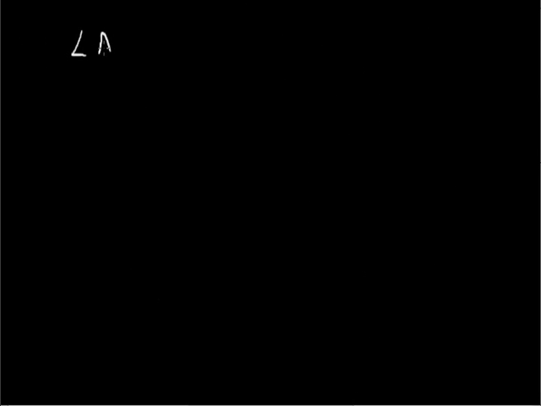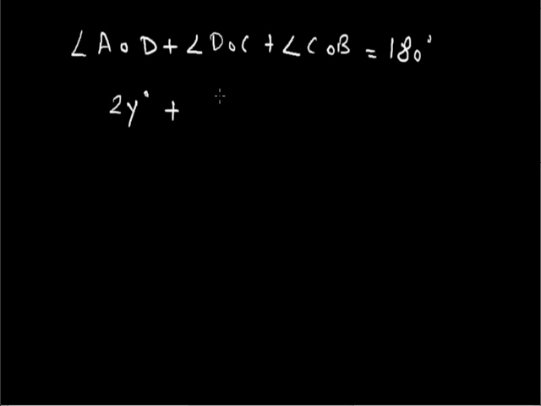Angle AOD plus angle DOC plus angle COB is equal to 180 degree, and you can see that angle AOD is 2y degree, angle DOC is 5y degree because it is vertically opposite angle of angle EOF, and angle COB is 5y degree.